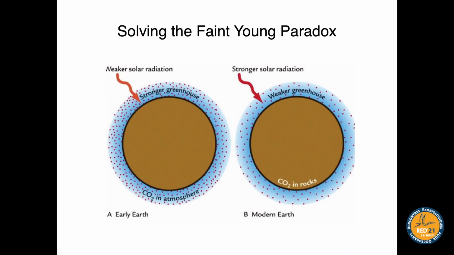So how do we solve the Faint Young Sun paradox? Even if we cannot really predict what the surface temperature was, we know that it was somewhere between 0 and 70 degrees Celsius, or 30 degrees during the Precambrian. So for that, we need to have a greenhouse effect.